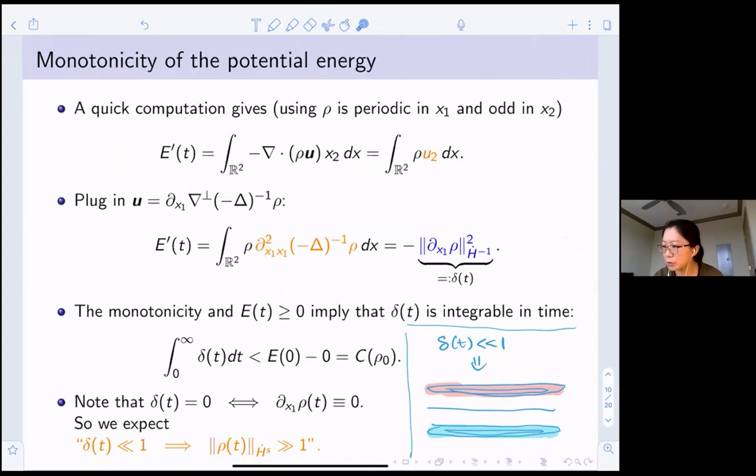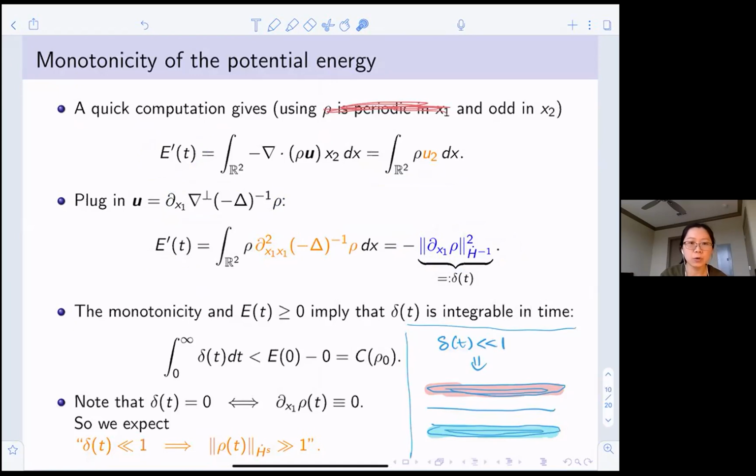A quick computation, since we are in R2 and using that rho is odd in x2, gives that the derivative of E is equal to the integral of rho u2, and plugging in the exact Biot-Savart law, we immediately have that the derivative is equal to negative of this quantity, which we call delta, which is the H^-1 norm of the partial x1 of rho.